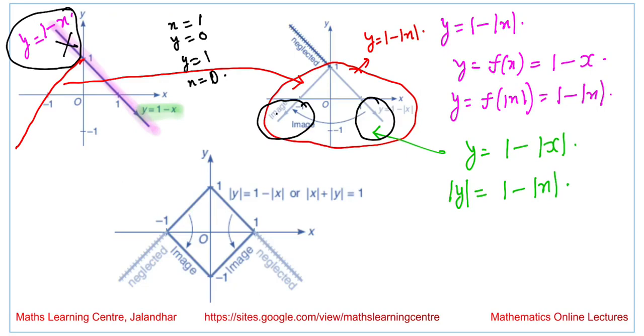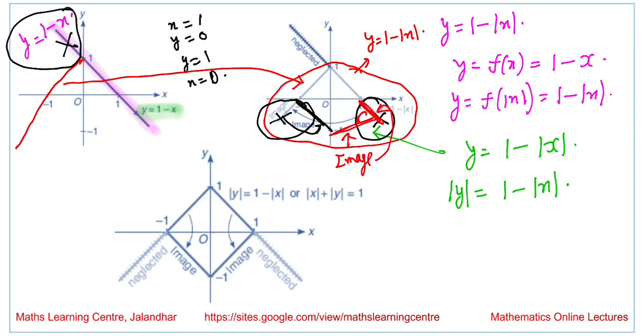We have to neglect these portions and take the image of these portions. The image of this portion will be in this form, and the image of the other portion will be in this form.